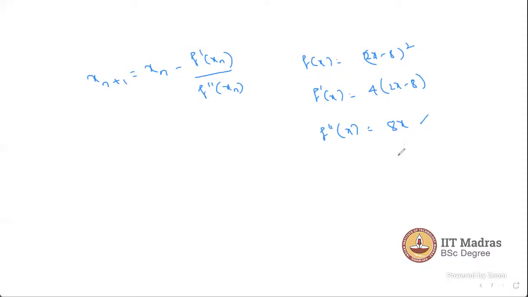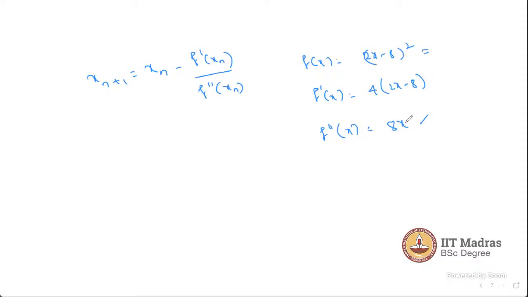Sir, f dash is 2 into 2x minus 8? No, it's 4 only. And f double dash of x is 8 only, right?